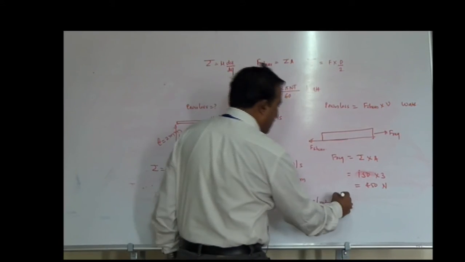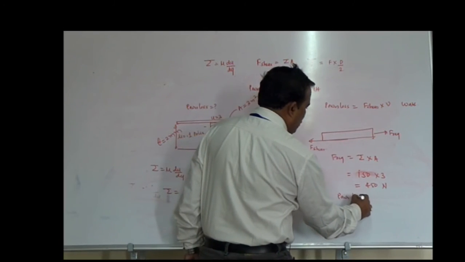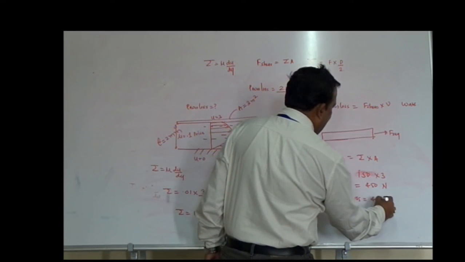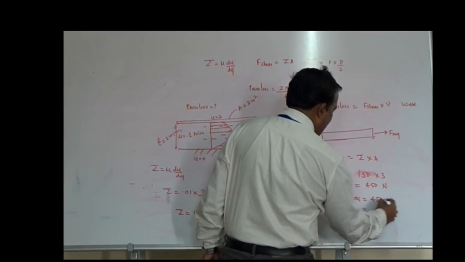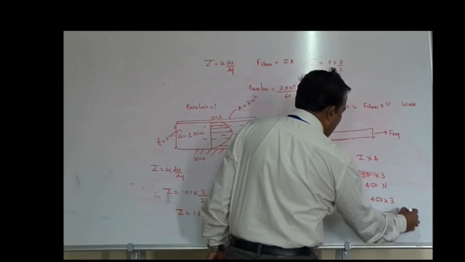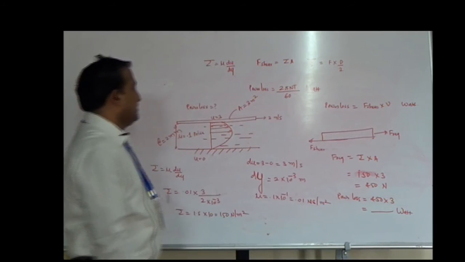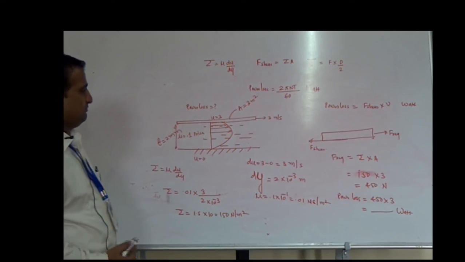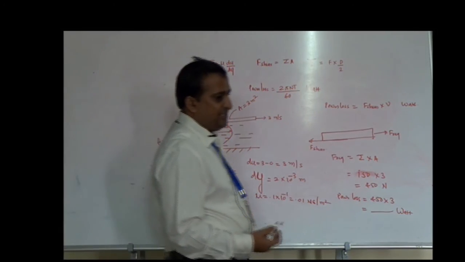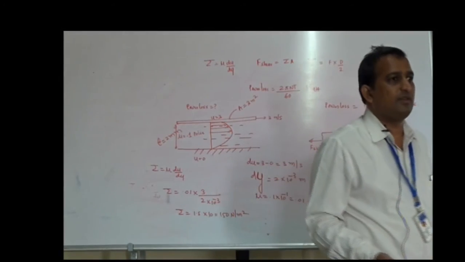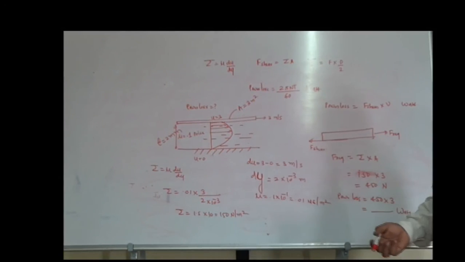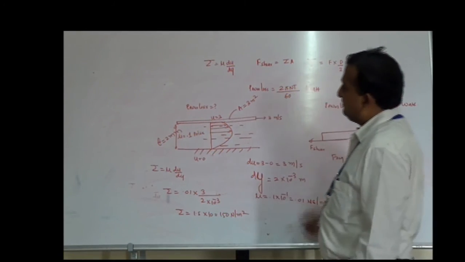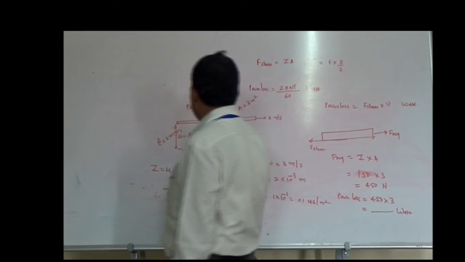How much is the power loss? Power loss is equal to 450 into velocity 3, so you will get the value in watts. Like this we find how much shear force, shear torque, and power loss by using Newton's viscosity law. Sometimes both plates are moving.